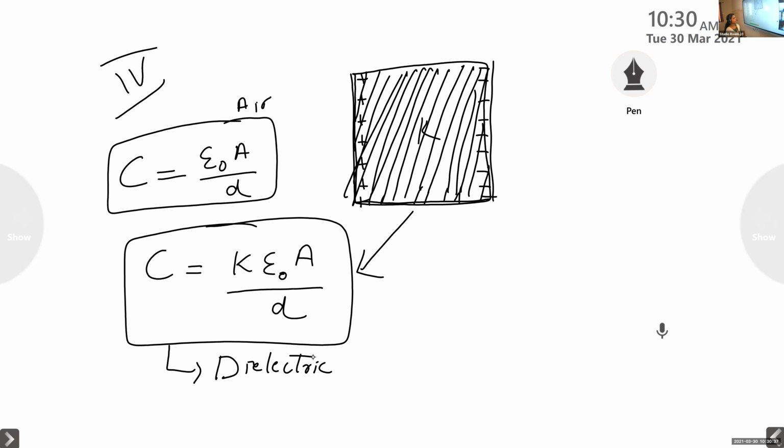In the second case, the medium of separation between them is air and dielectric. And in the last case, if the medium of separation between them is completely dielectric in nature, then the equation for capacitance is C is equal to K into epsilon 0 A by D, where K is the dielectric constant, epsilon 0 is the permittivity of free space, A is the area of cross section of the conductor, and D is the distance of separation between them. Clear? You only need to study this equation. There is no derivation here.